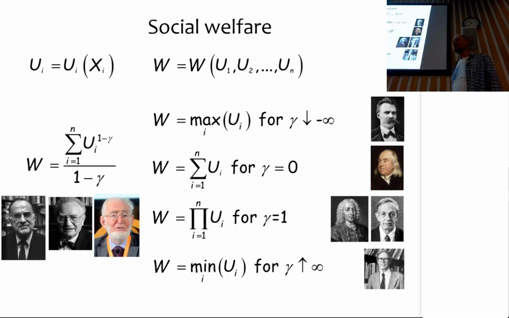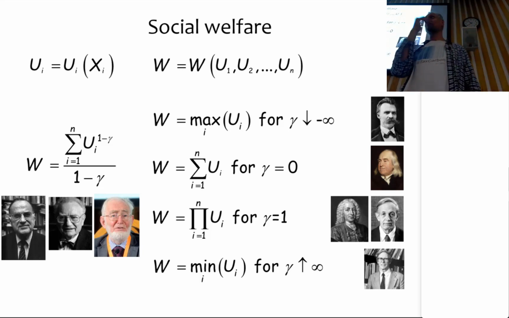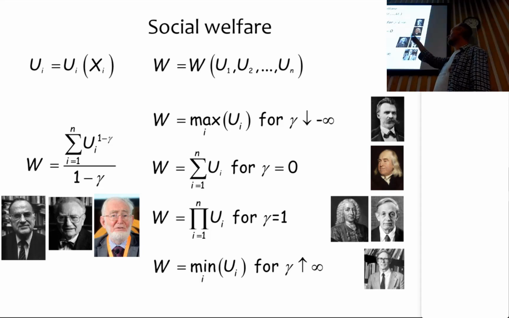So last week I spoke about social welfare functions, utilitarianism, where the strict or the conventional form of utilitarianism is the one that you see in the middle, where we simply add up utilities, and that then becomes social welfare. But there's of course absolutely no reason why you would want to add up utilities.